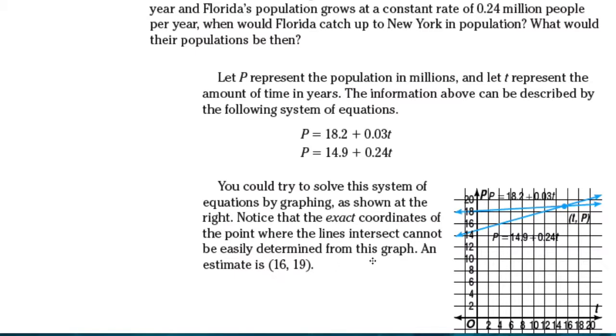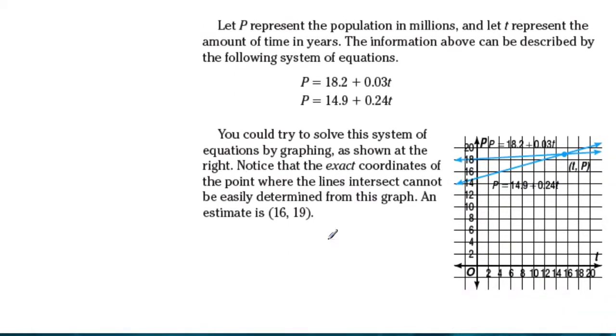An estimate is 16 and 19, which is probably close. So when you graph these two equations, that particular point is not easily shown, so we can approximate it to be 16 and 19.